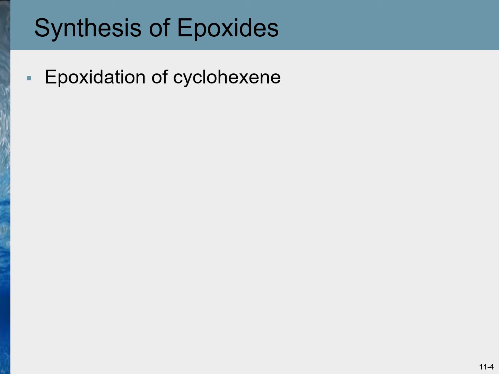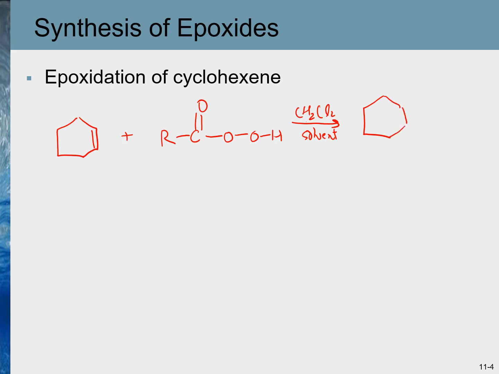An example of epoxidation of alkenes is shown here. In this reaction, cyclohexene reacts with a peroxycarboxylic acid, and this reaction takes place in the presence of dichloromethane as solvent, and the resulting product is a 1,2-epoxycyclohexane.